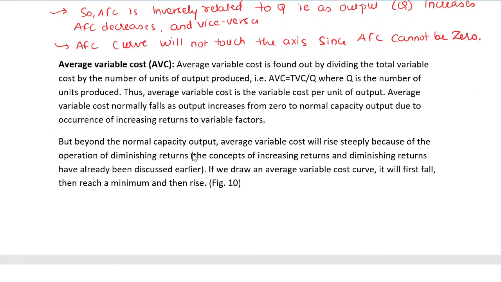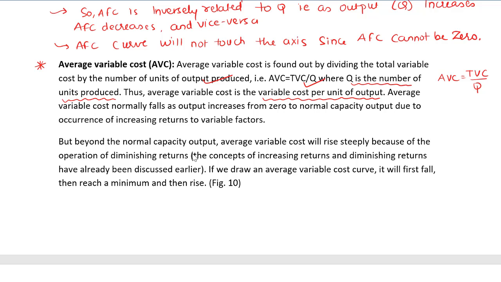Let us continue and see average variable cost, that is AVC. Average variable cost is found out by dividing the total variable cost by the number of units produced. Average variable cost equal to total variable cost divided by quantity, where Q is the number of units produced. Thus, average variable cost is the variable cost per unit of output.